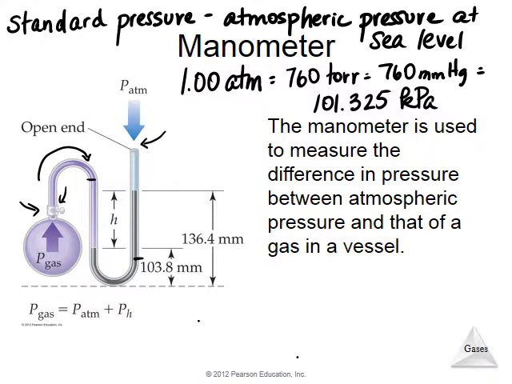Okay, when we measure those heights of those two columns of mercury from the base, then we can either look at the addition of those or the difference of those to measure our pressure of our gas that's in our container. Okay, so that's what a manometer does.